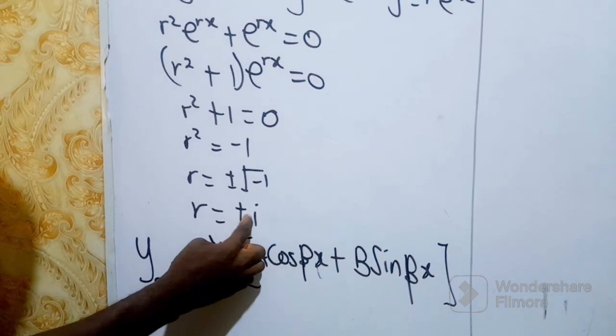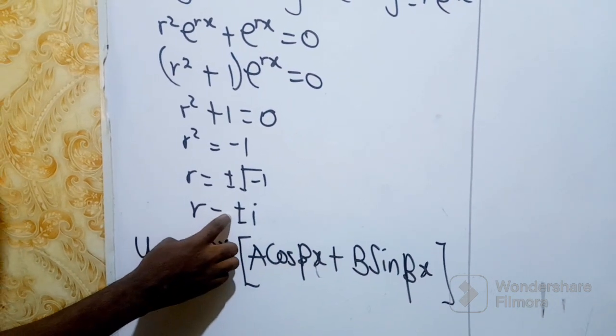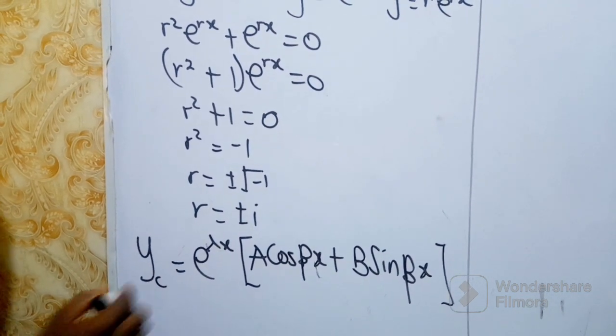So the coefficient here is 1, and the lambda will be 0.